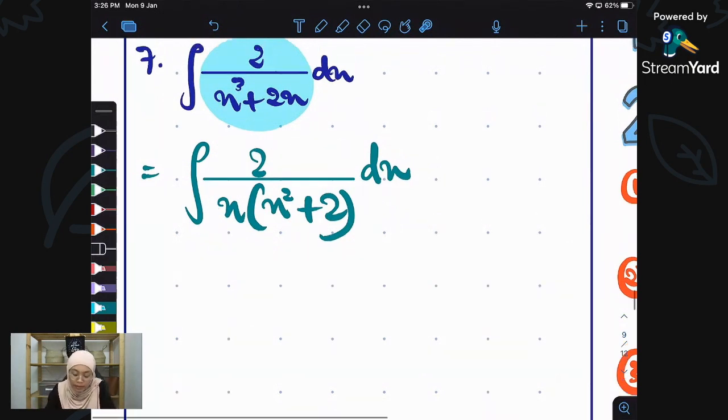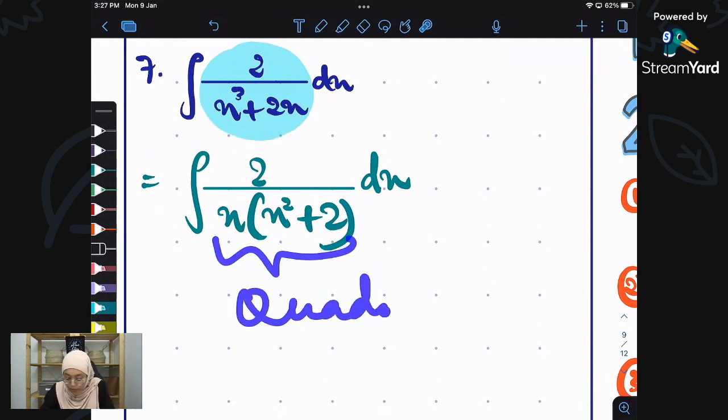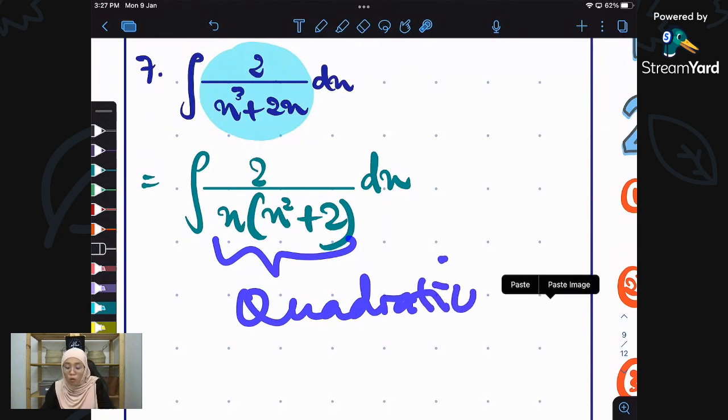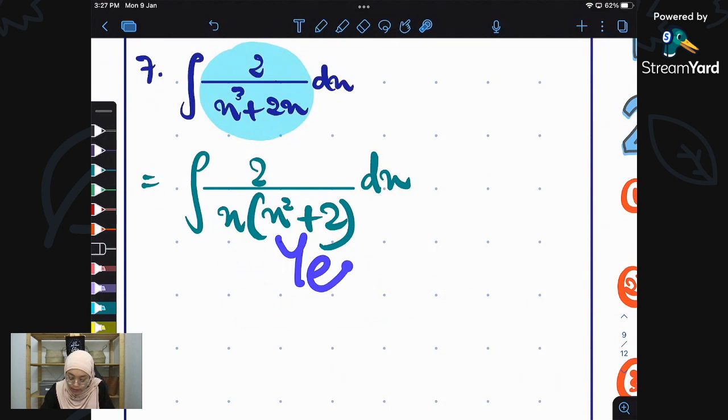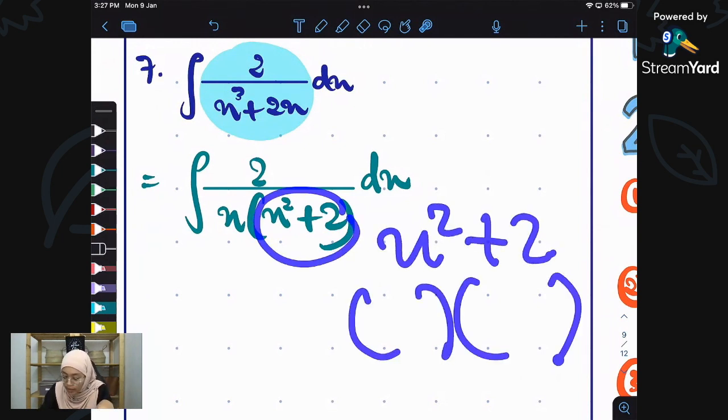Okay, how can I know that? It is just because I know that this is a cubic, but we see that there is a quadratic here. Yes, memang ada quadratic dekat sini. x squared plus 2 is a quadratic, but is this quadratic boleh difaktorkan? You tekan calculator, adakah you dapat nombor bulat yang mengatakan, oh, ini boleh factorize?